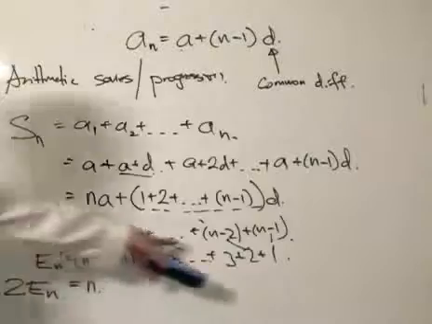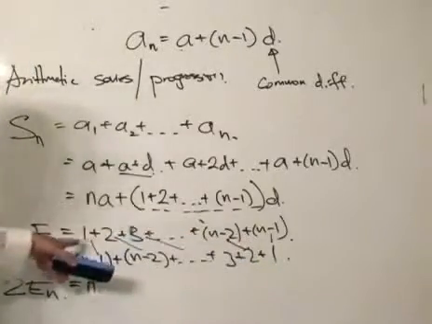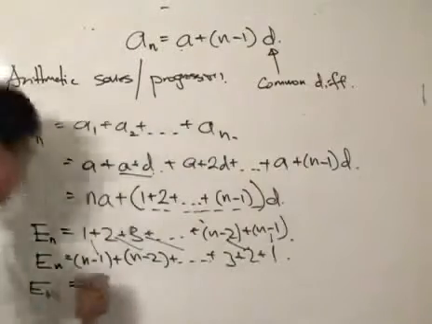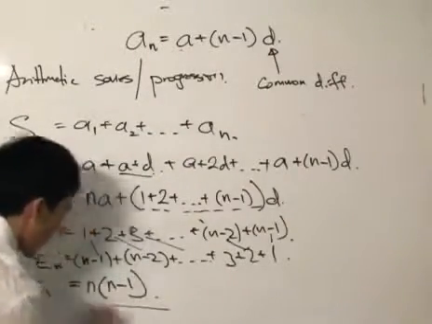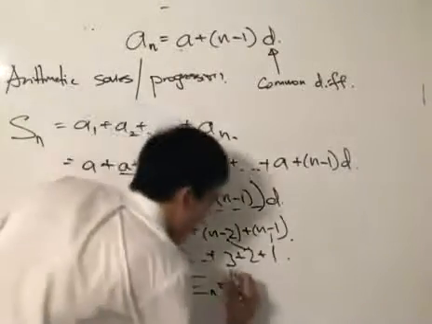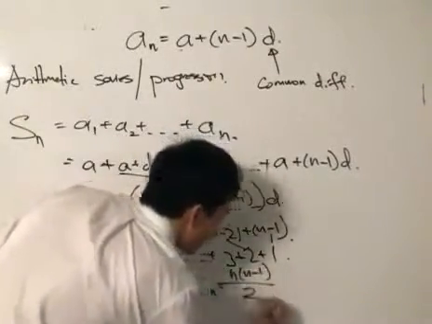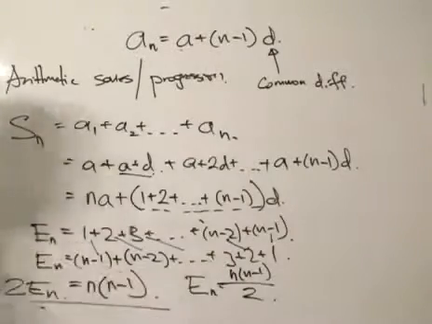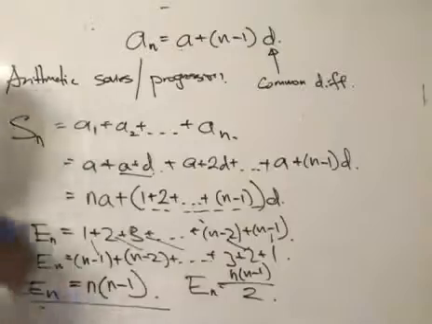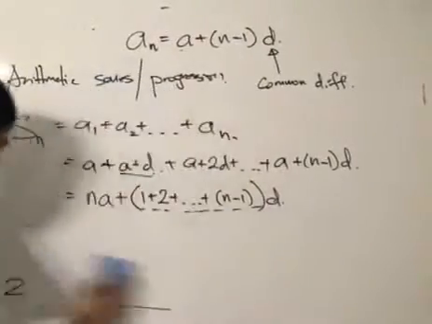However, how many times does it occur? 1 is the first term, the last term is n minus 1. It occurs n minus 1 times. There we go. Now, I just divide, so En, the separate series, is equal to n times n minus 1 divided by 2.